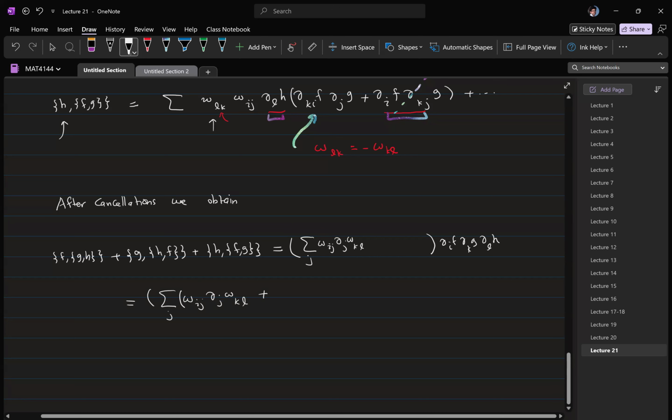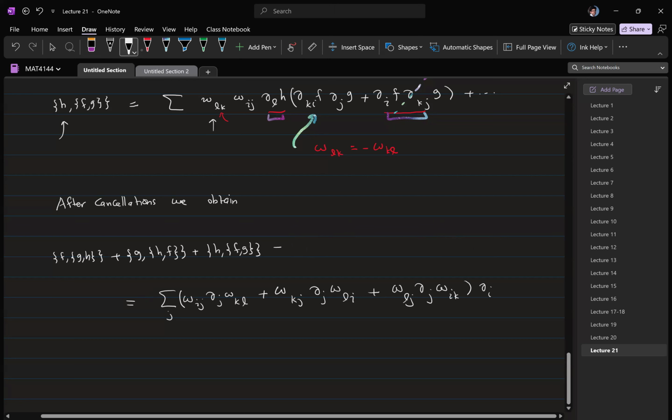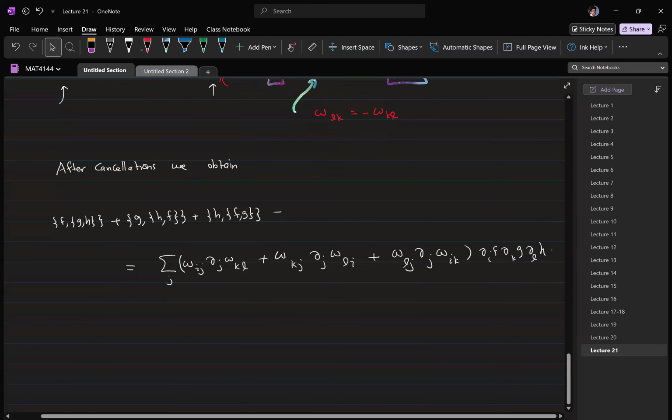And the next one, if I do the calculations right, and again look at the coefficient of this guy, trust me, you will end up with WKJ partial J WLI, and the last one, WLJ partial J WIK, all showing up as the coefficients of DIF, DKG, DLH. Okay? And now I have to show that this thing actually vanishes.